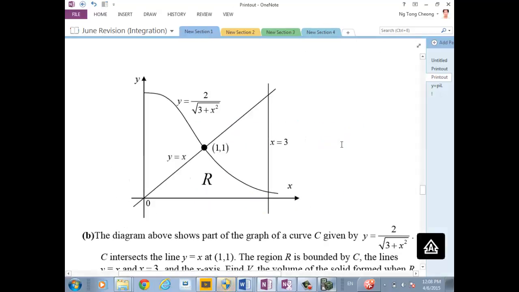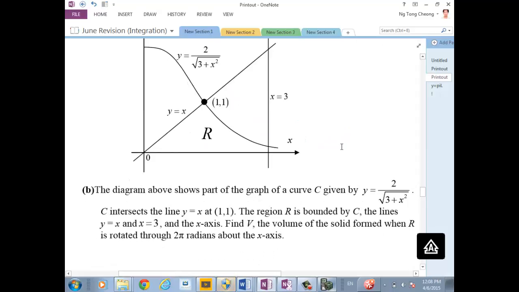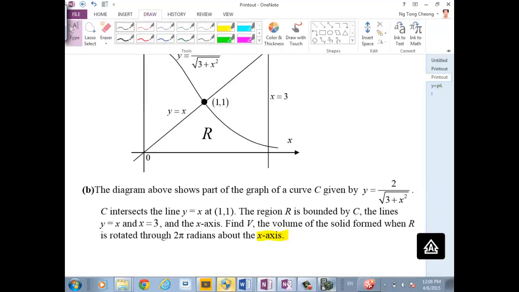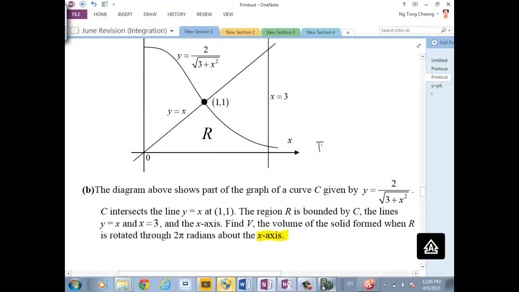Now with that, let's go back to this question. For this volume question, before I start solving it, first I will always look at which axis. Because it is about my x-axis, I know that I'm going to use the formula pi y squared dx.